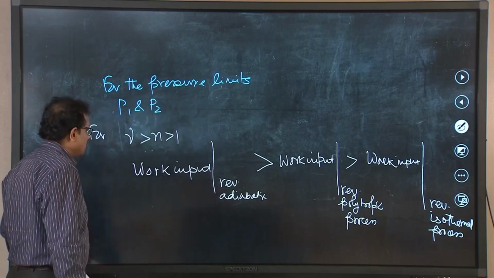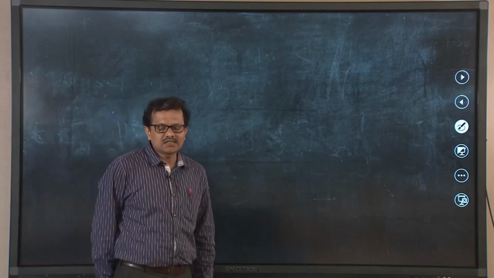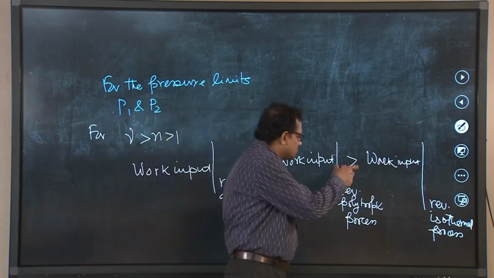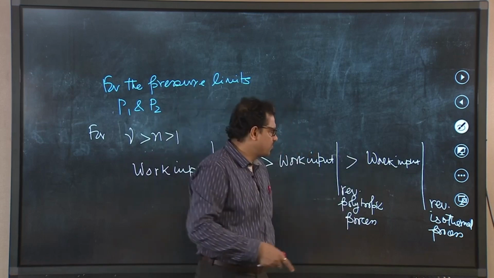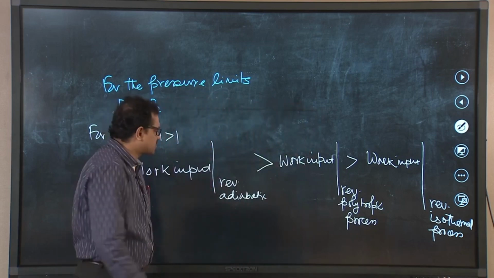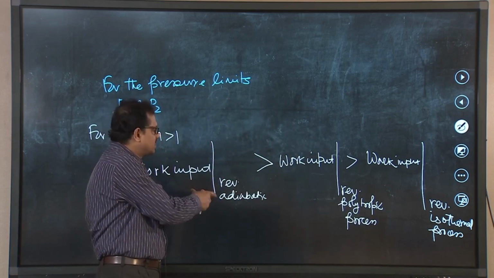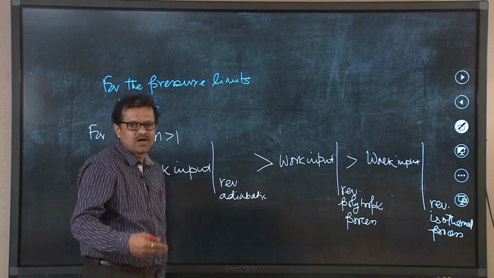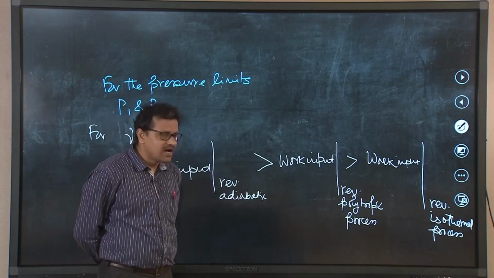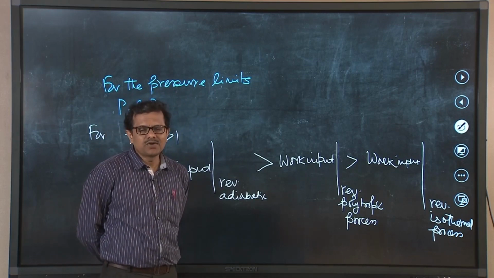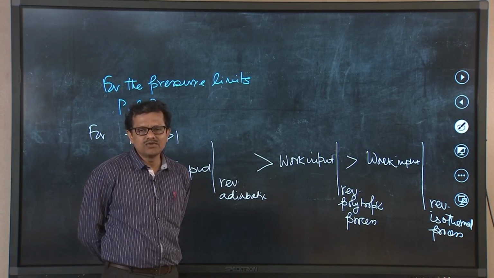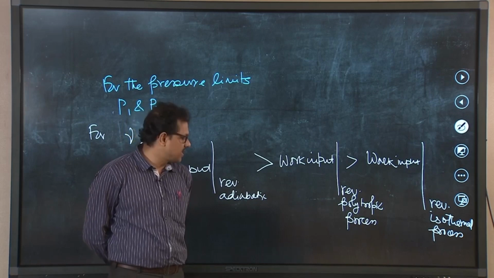Now, if we recall the last class, from here we can also see that the work to be supplied to the compressor following a reversible isothermal process is certainly less as compared to the other two processes. That means, if the compression process is reversible adiabatic, then the amount of work to be supplied to the compressor is maximum.